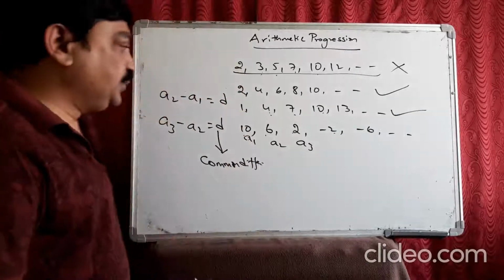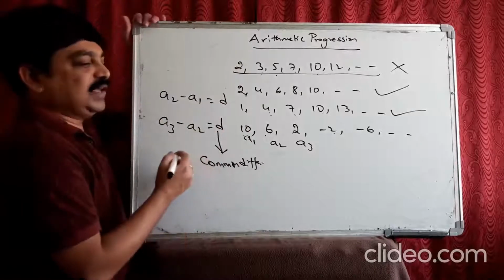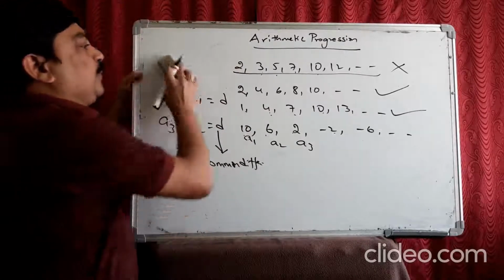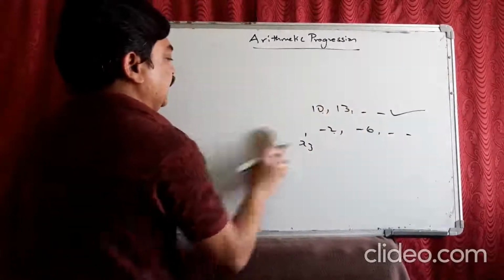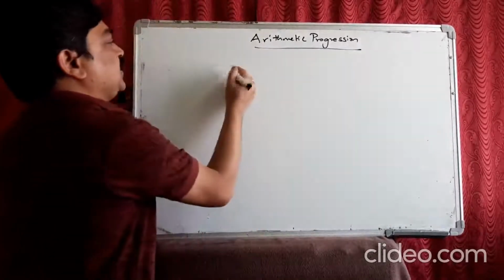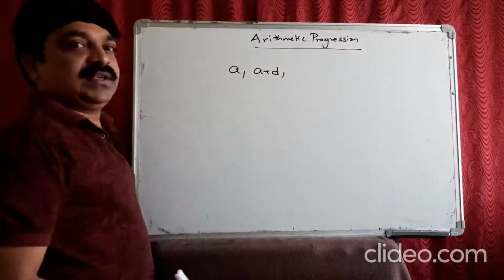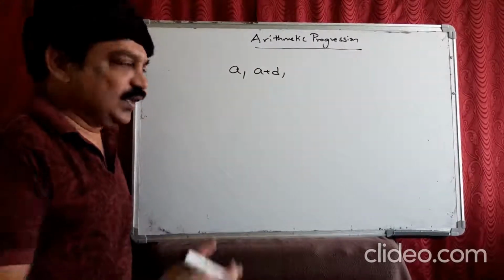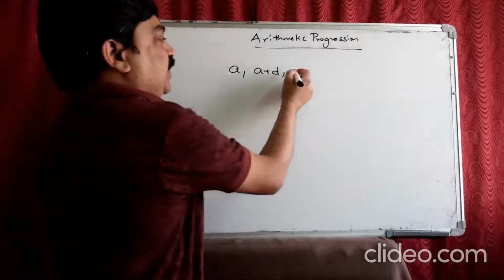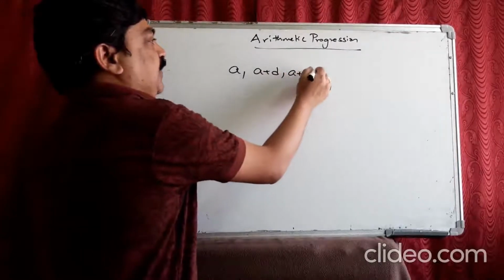In general, the series in AP can be written like this. If we start with the first number A, the second number will be A plus D. The D can be negative also, like how I did. The next number, adding D to this, will be A plus 2D.